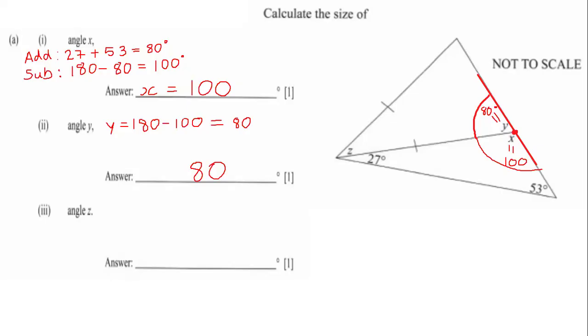Okay, Nikisha, go ahead. So how I did it, we already found y, and y is 80, and a triangle adds up to 180. So we would do 180 take away 80, which is 100. And to find z, we would divide 100 by 2, which is 50.